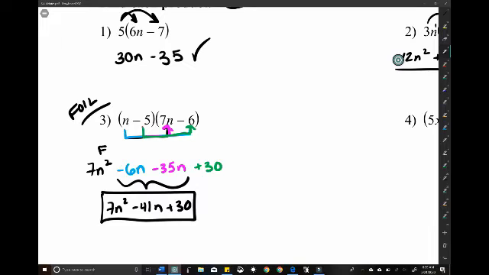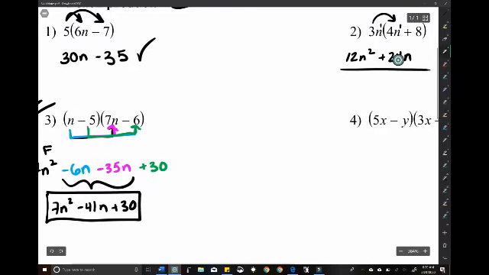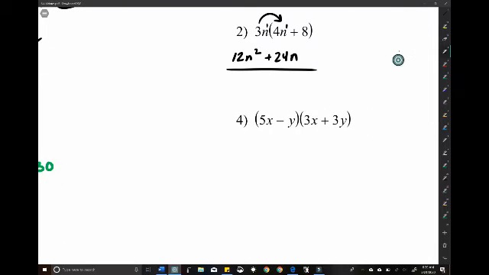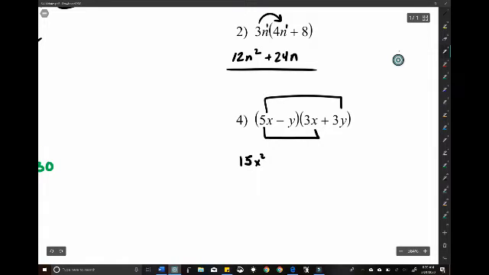Okay, FOIL. Good old FOIL, it's back, this time with some more variables. Same process. First, 15x squared. Outers, 5 and 3 is another 15xy. So x and y don't really combine, they just stay as one thing.